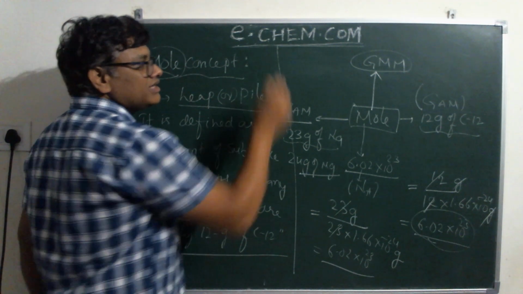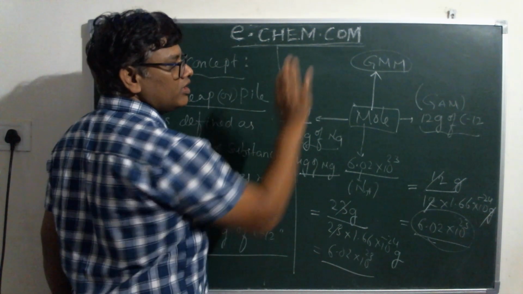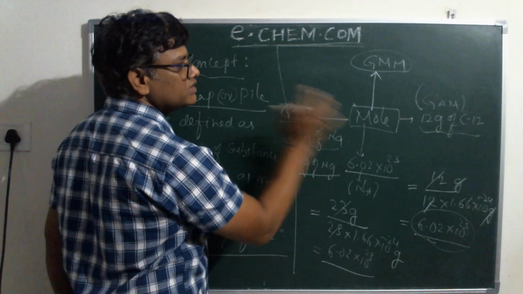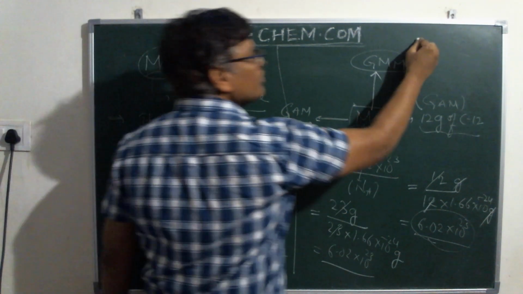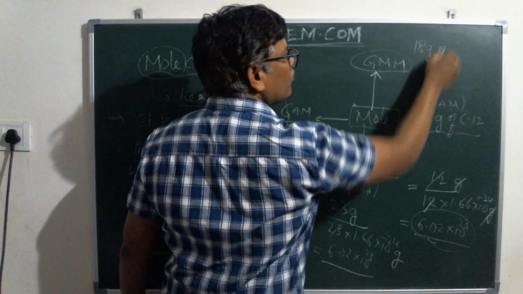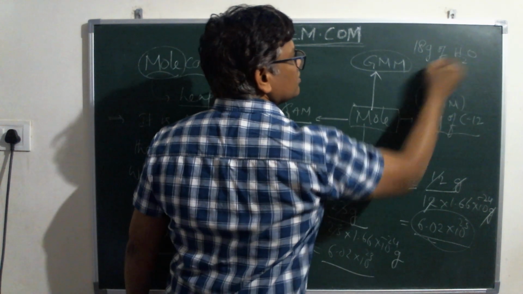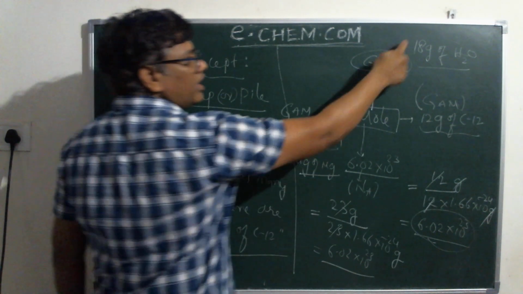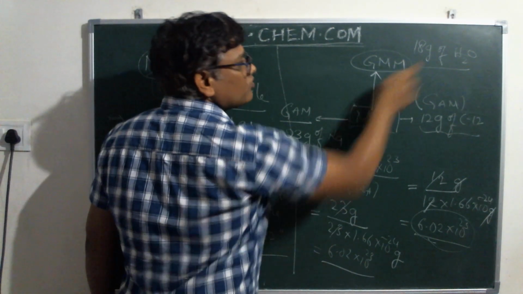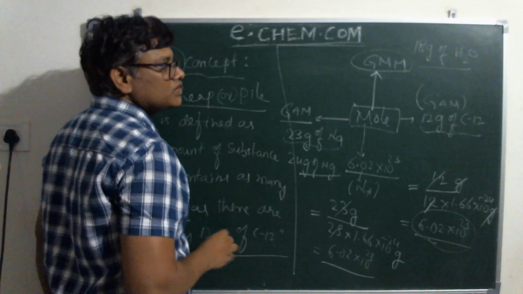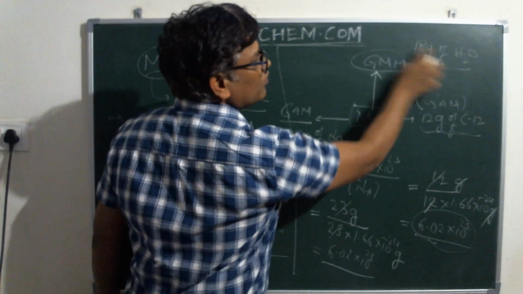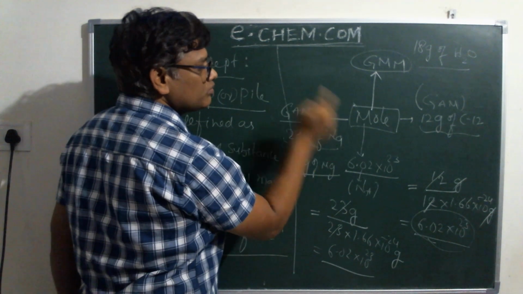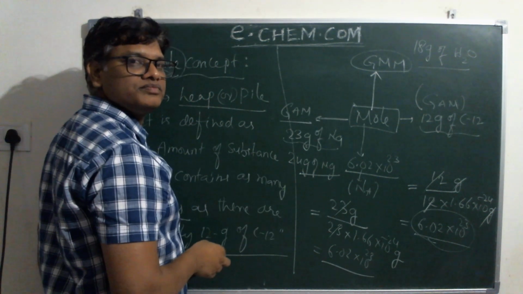Why? Because in that substance, Avogadro number of molecules we can calculate, so that it is equivalent to 1 mole. For example, 18 grams of water I am taking. This 18 grams of water on weighing can have Avogadro number of water molecules, so that 18 grams of water, that is equivalent to gram molecular mass, should be taken as 1 mole.